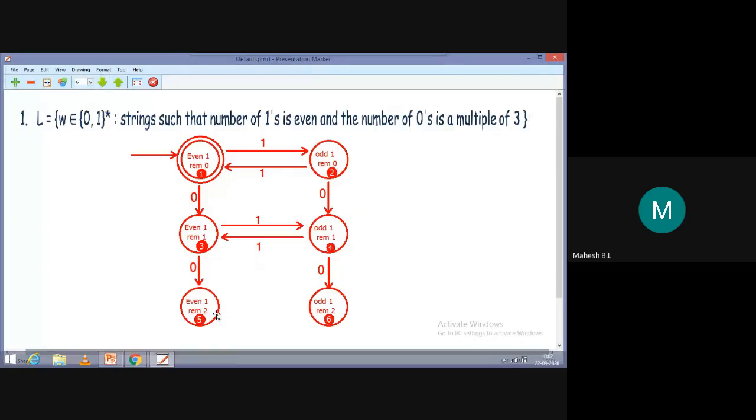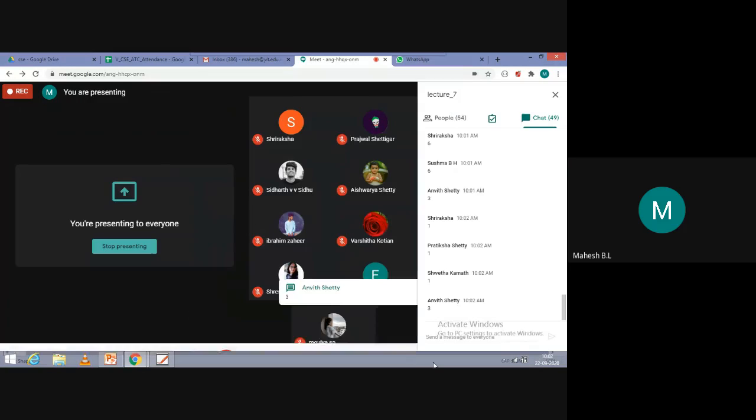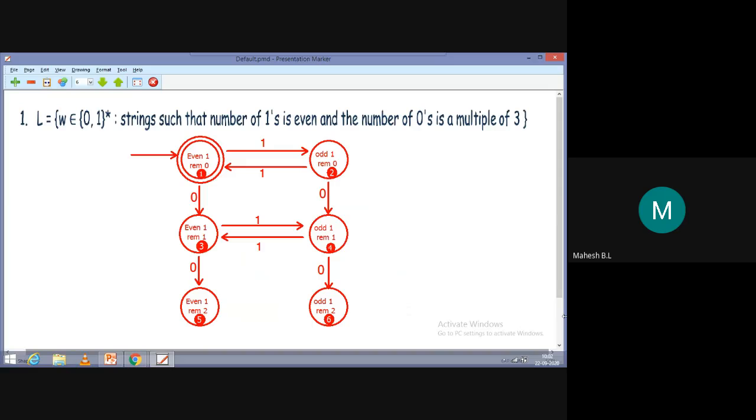State 5, input symbol 0, what transition are you going to make?